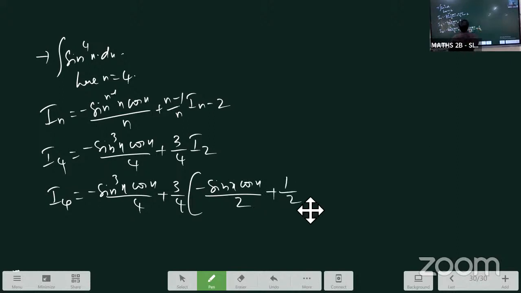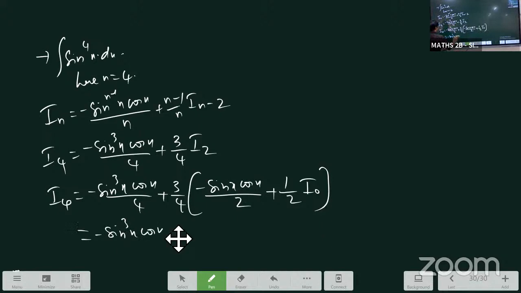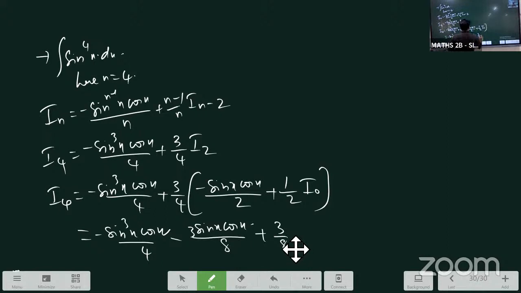N is 2 now. So 2 minus 1 is 1, sin x, plus 1 by 2. 2 minus 2 is I naught. That is minus sin cube x cos x by 4 minus 3 sin x cos x by 8 plus 3 by 8 I naught.